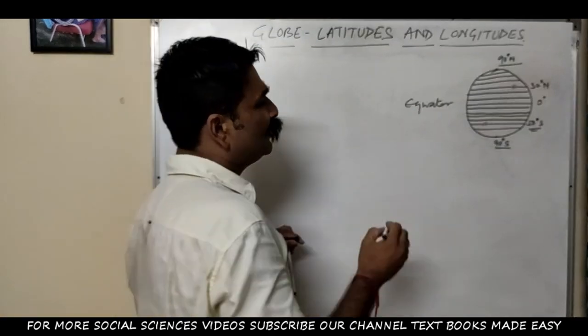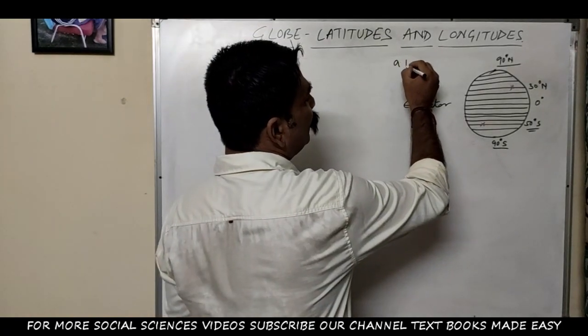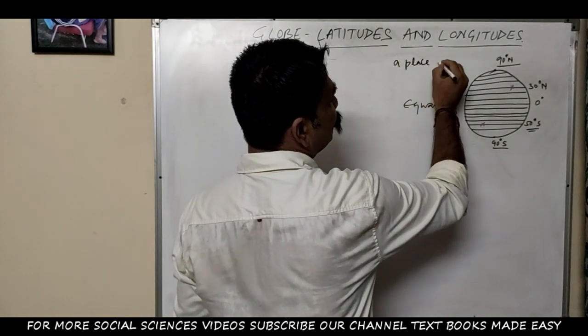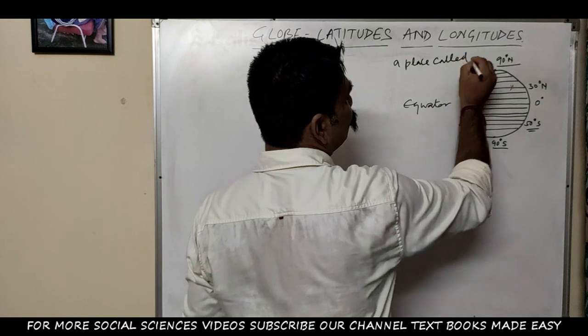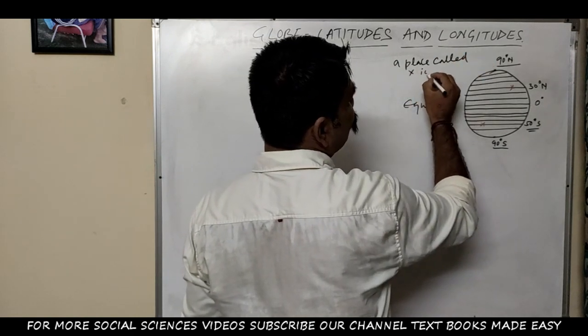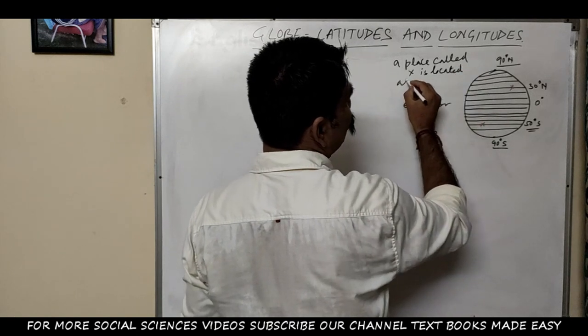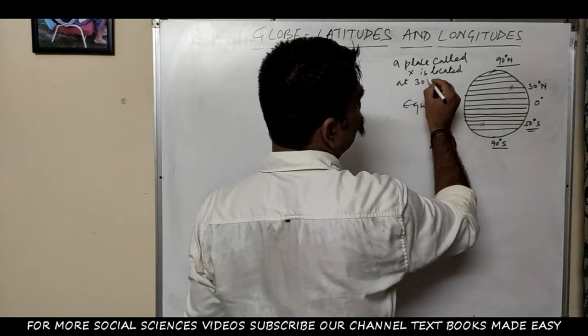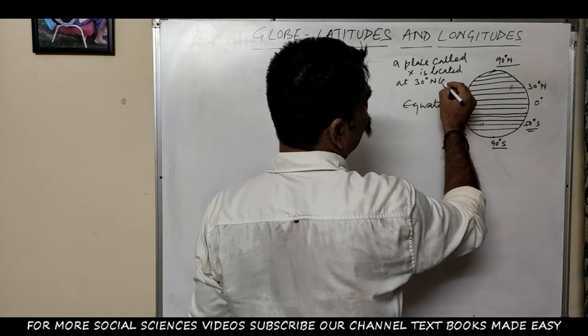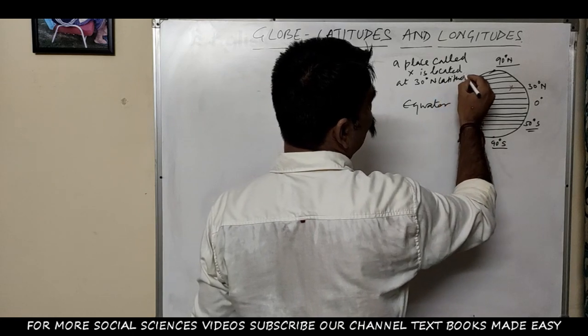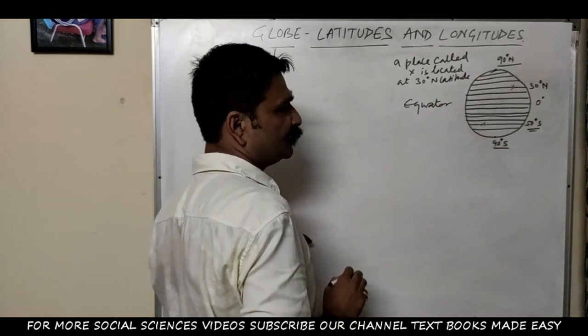Suppose a place called X is located at 30 degree northern latitude.